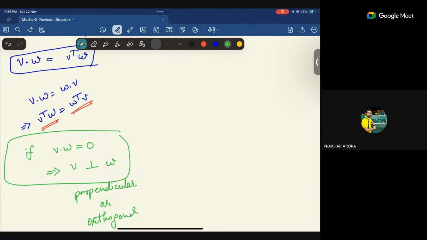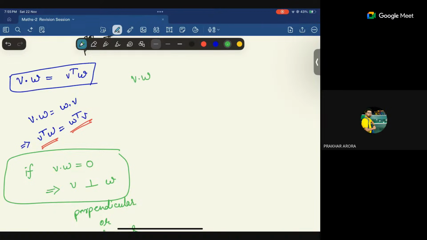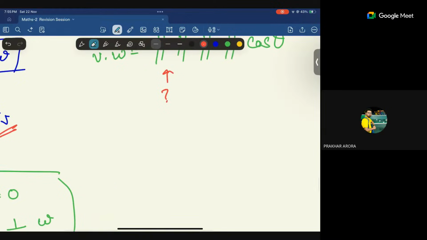One other thing you should know is how v dot w is written. Now what is this? This brings me to my next important topic, the norm of a vector.